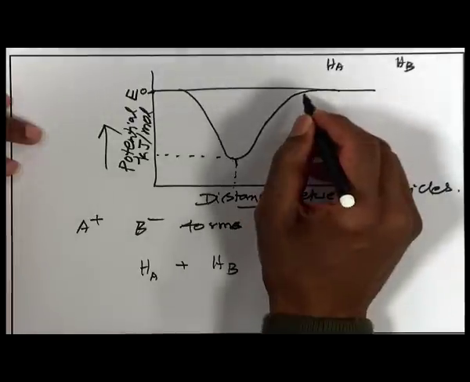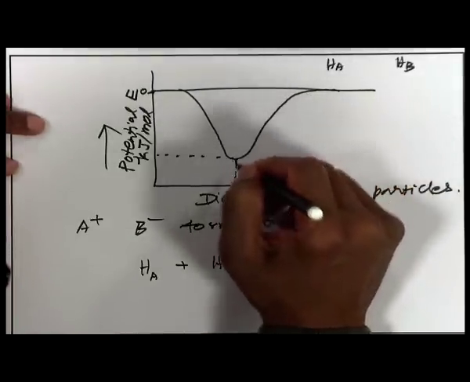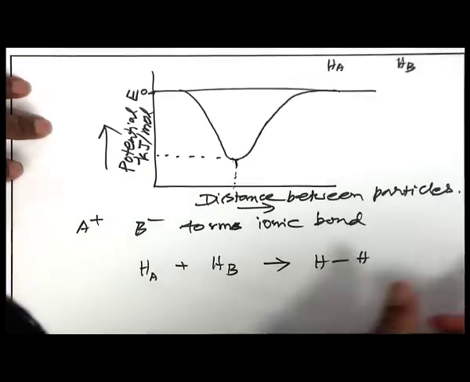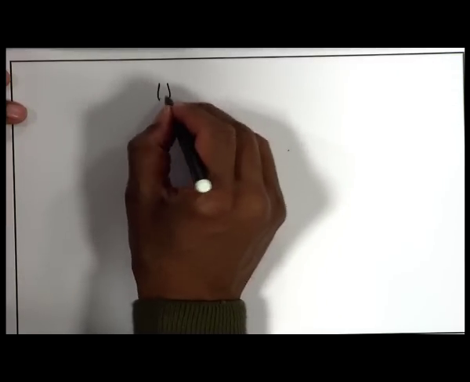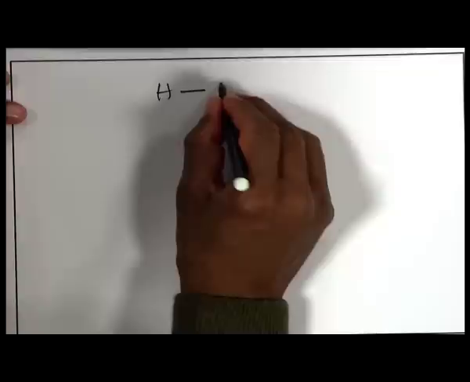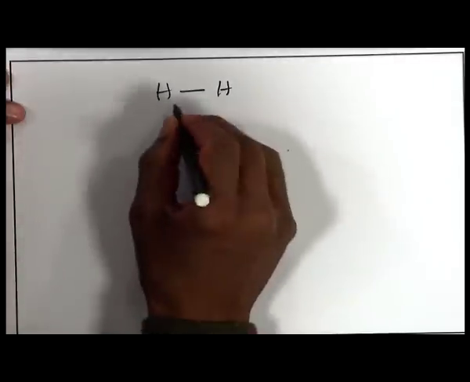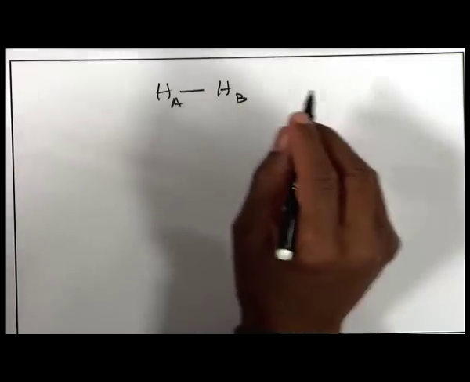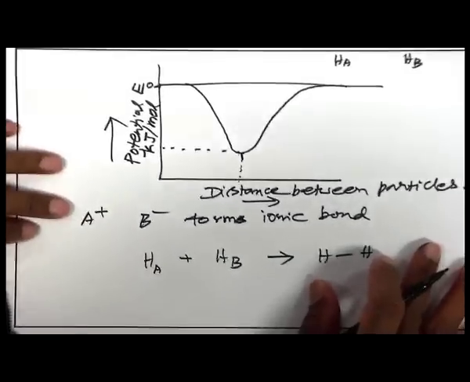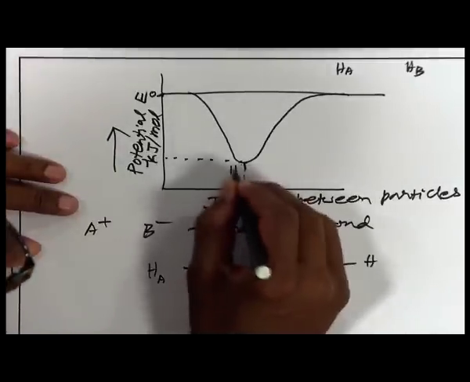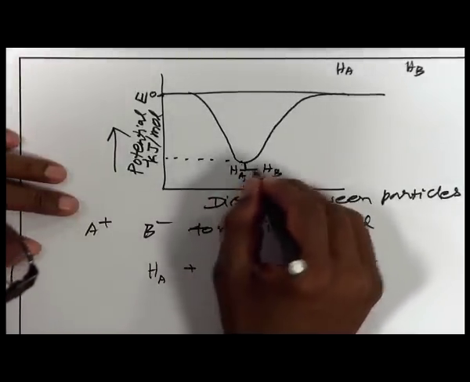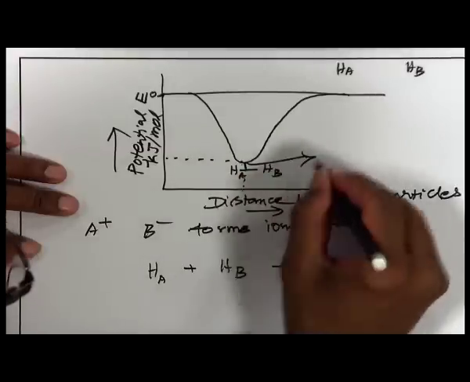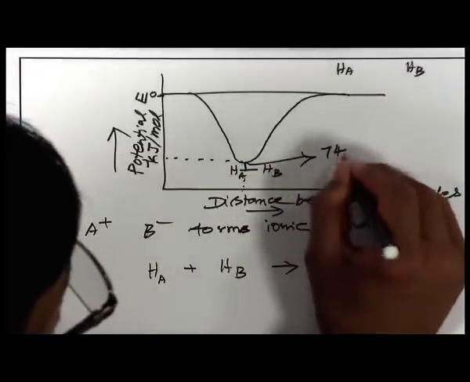So, as you can see here, the energy is decreased at this distance. Now, what is the distance for two hydrogen atoms which leads to a bond between two hydrogen atoms? The distance in this place, between HA and HB, corresponds to 74 picometer.